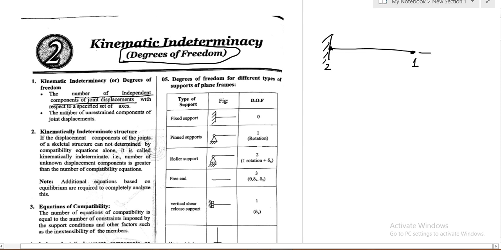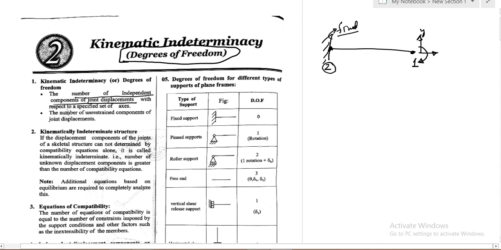This joint can travel linearly, horizontally and vertically. So there are 2 translations, and in addition to that 1 rotation. But at joint number 2 there is a restriction because it is constrained. There is a fixed support there, so there is no independent displacement at this point number 2.